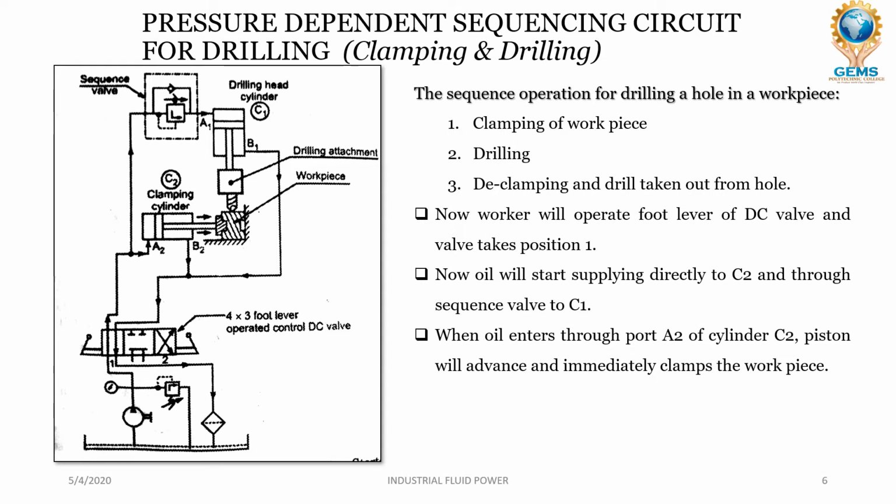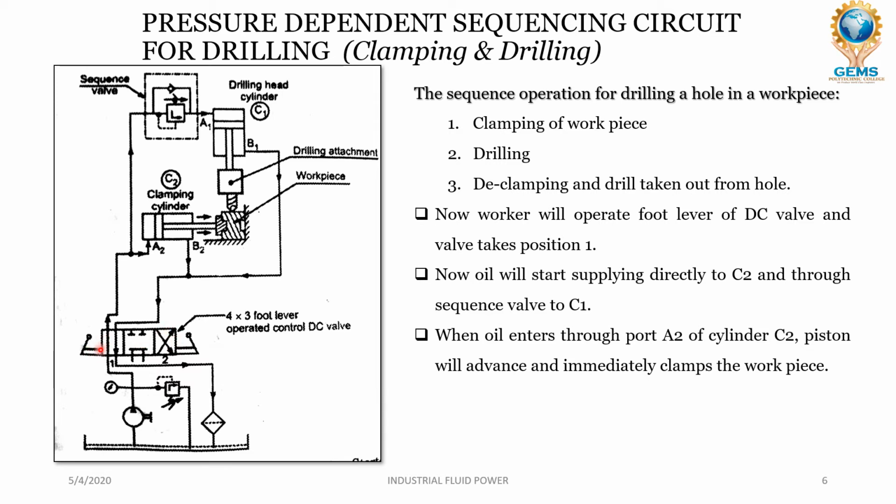Now the worker will operate the foot lever of the DC valve and the valve takes position 1. This is the foot lever of the 4 by 3 DC valve. This is position 1, this is position 3, and this is position 2.